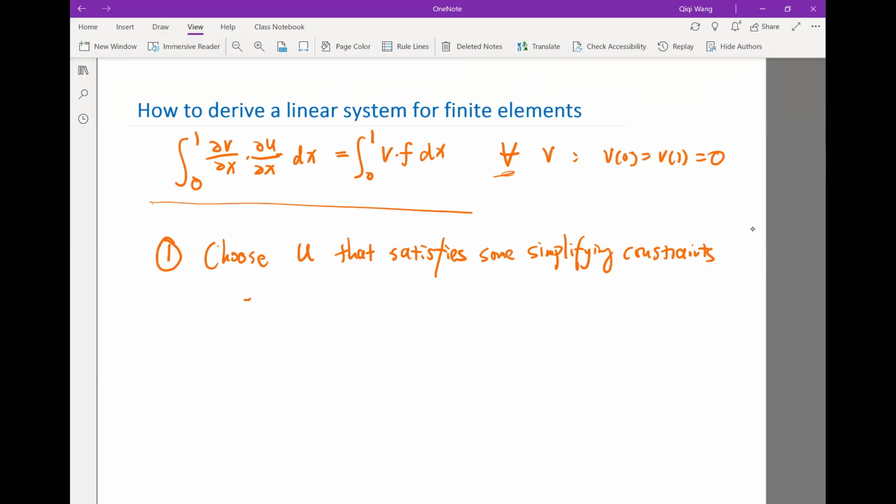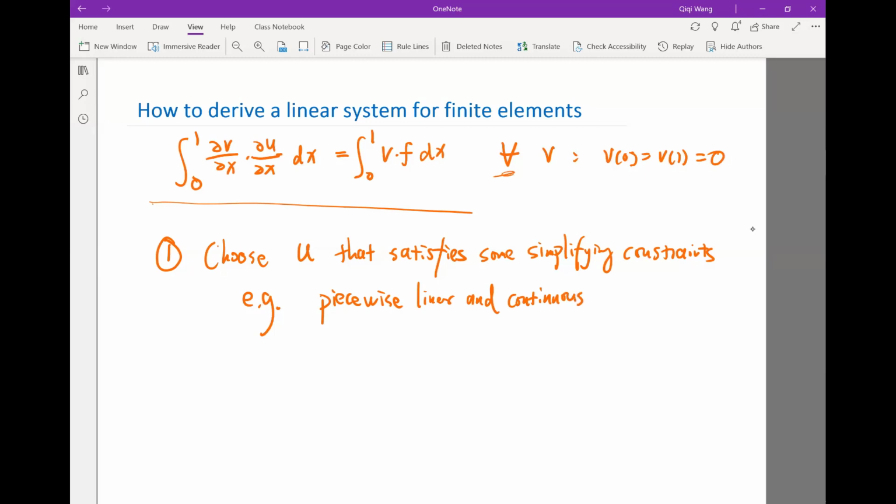For example, in the last lecture, what kind of simplifying constraints did we set? Remember? How did we approximate a function in finite elements? It was piecewise linear. Yes, for example, piecewise linear, and continuous, right?